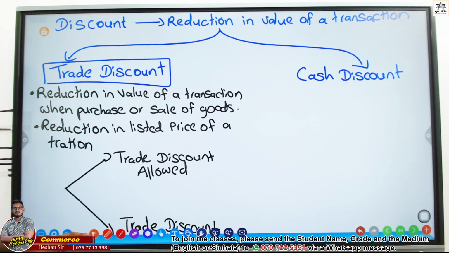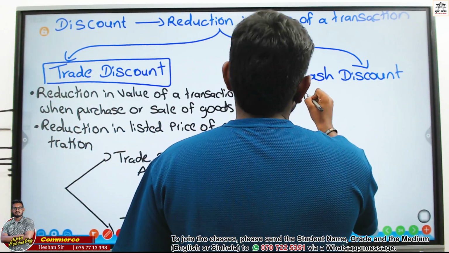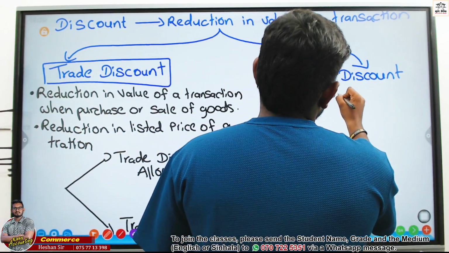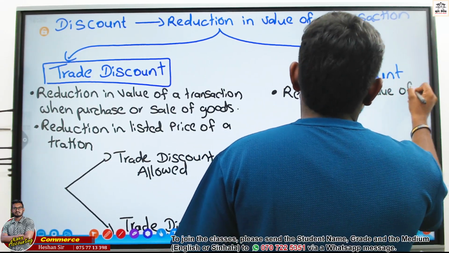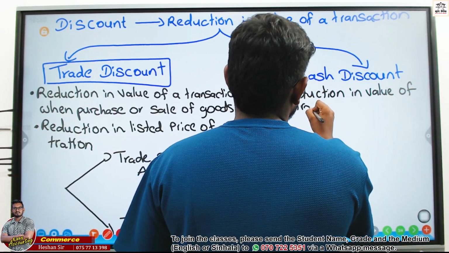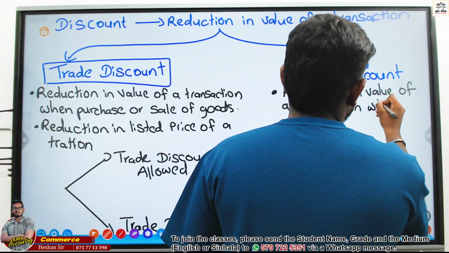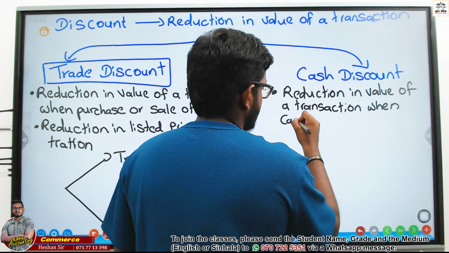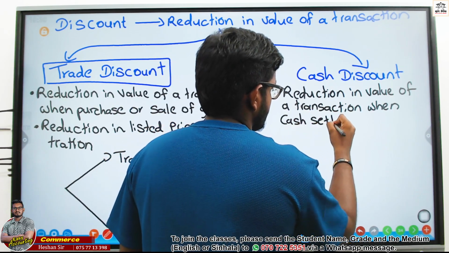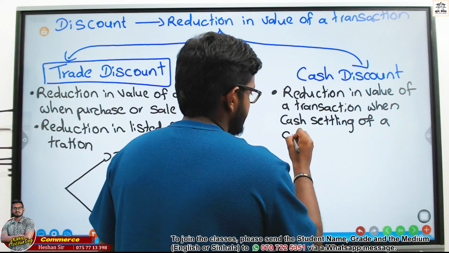Cash discount means what? Reduction in value of a transaction when cash settling of a credit basis transaction.